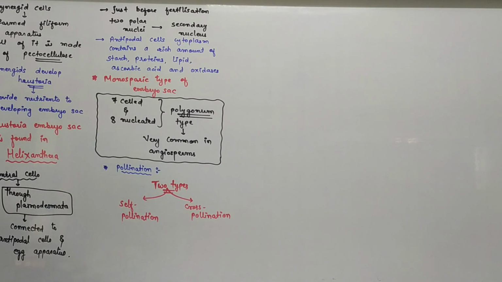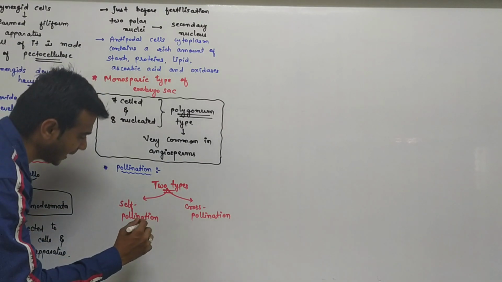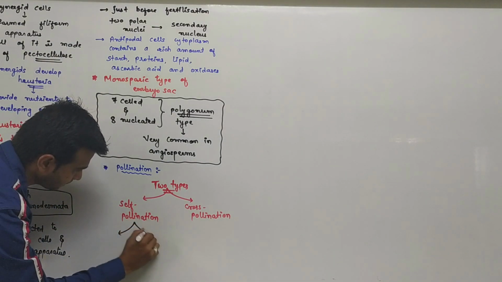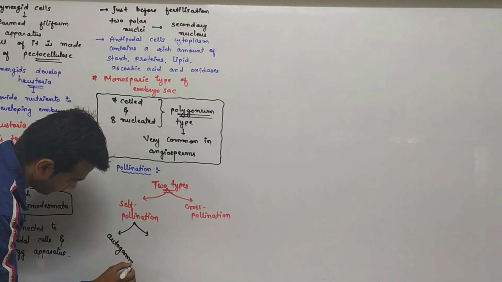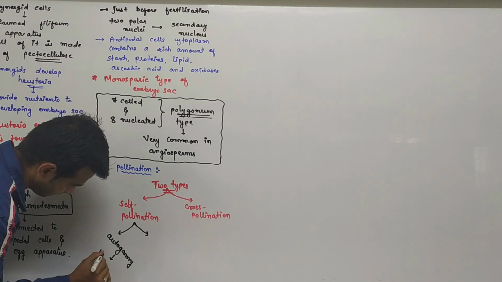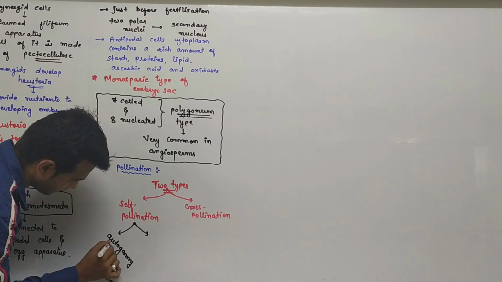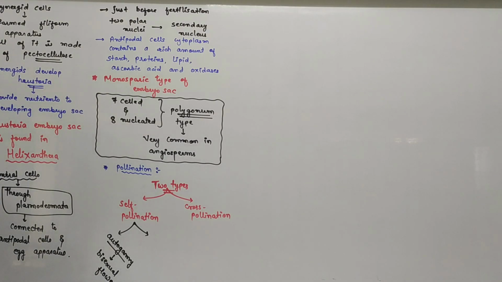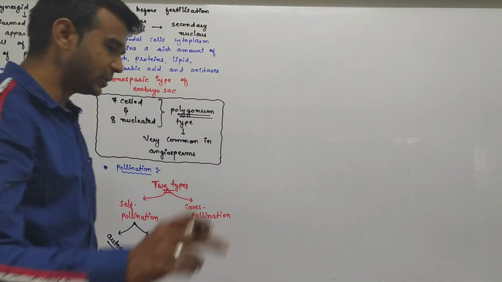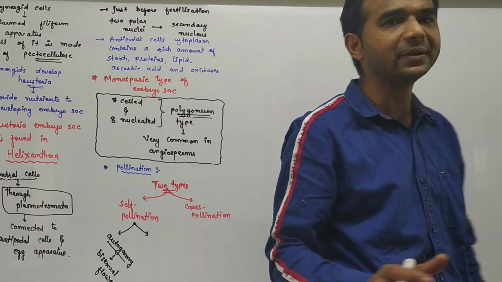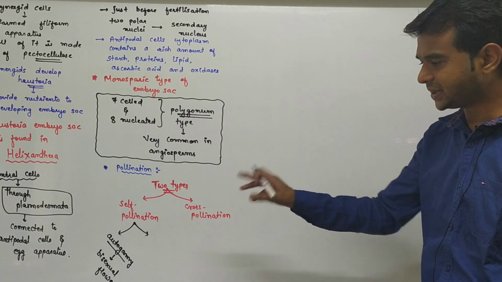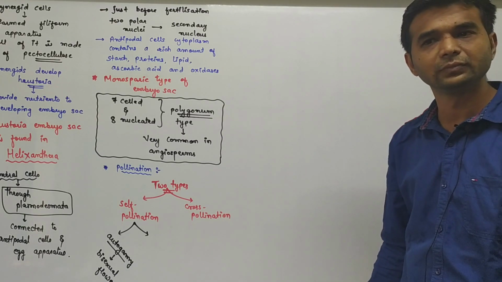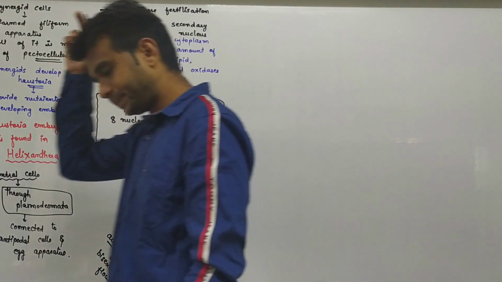Self-pollination is further divided into two types. Autogamy is in a bisexual flower. If the plant possesses a bisexual flower, the fertilization occurs in the same flower.